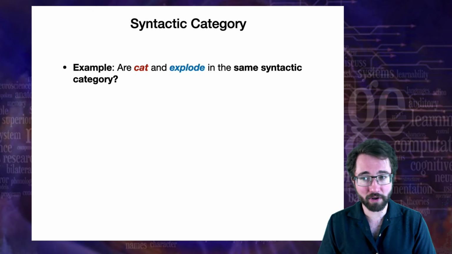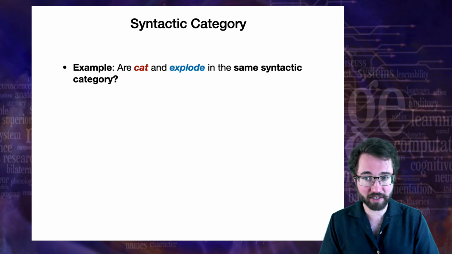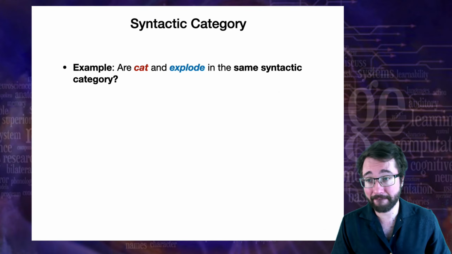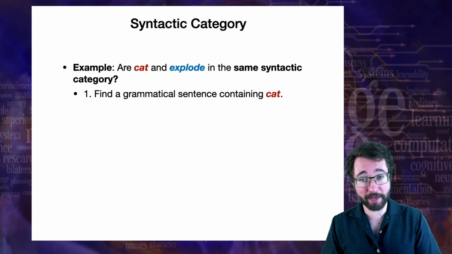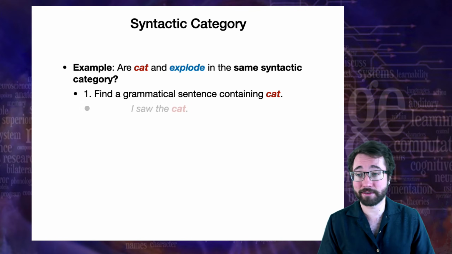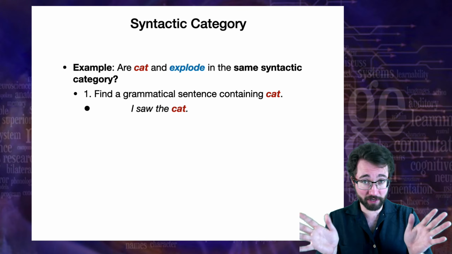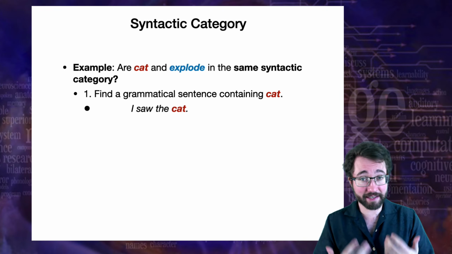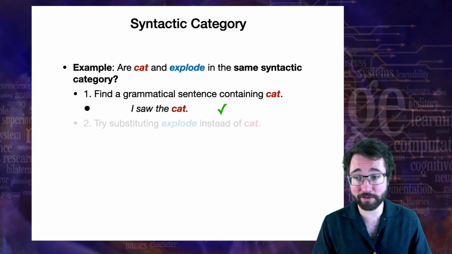So here's an example. Are cat and explode, two words, in the same syntactic category? Step one of this test is you find a grammatical sentence that contains the word cat. All right? So let's have, I saw the cat. That's grammatical. And now we want to interchange the word cat with the word explode, and we're going to see, does that make the sentence ungrammatical? I saw the cat is grammatical.